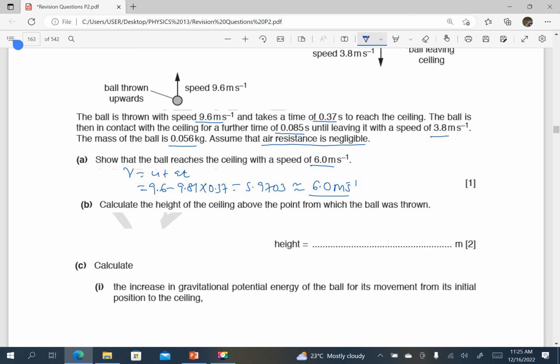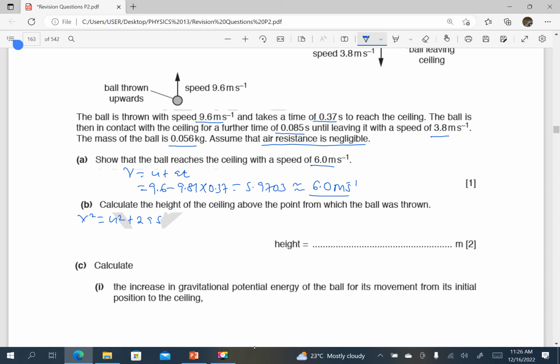Calculate the height of the ceiling above the point from which the ball was thrown. So I need an equation which will give me height. You can choose to use v squared equals u squared plus 2as. Since we now know the velocity with which it reaches the ceiling, method number 1, v squared equals u squared plus 2as.